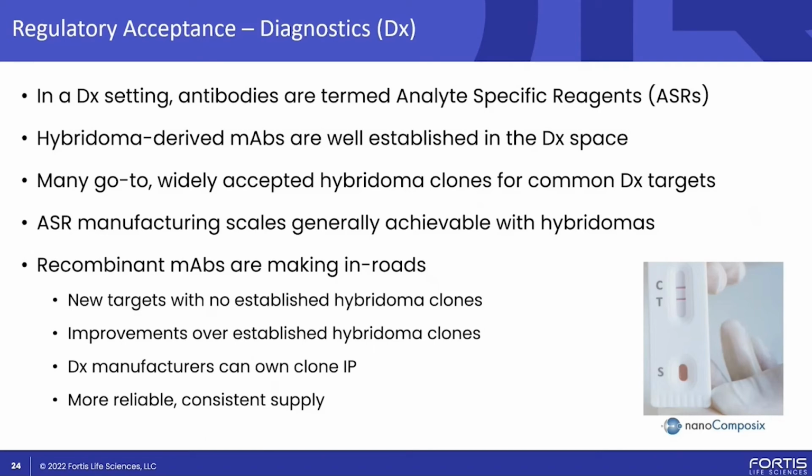Diagnostic manufacturers, as the number of those manufacturers increase and they're competing for access to clones, there's also a desire to secure their own supplies and to be able to own their own supplies. And so as the recombinant antibody technologies are really driving primary antibody production in the industry, we're starting to see recombinant antibodies contribute more in the diagnostic space.